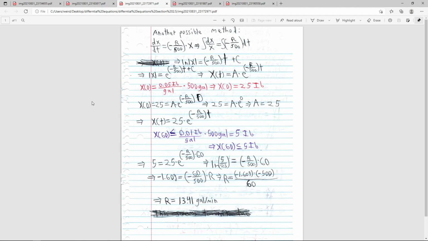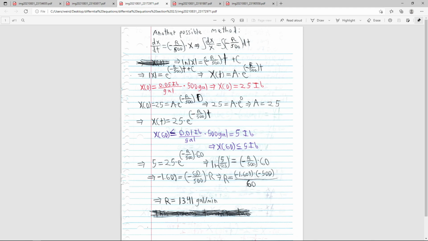Now here's another possible method which gives the same answer at the end. r equals 13.41 gallons per minute. Now, I do some trickery where we convert units a little bit. So we start with dx/dt equals negative r over 500 times x, and we solve for x.